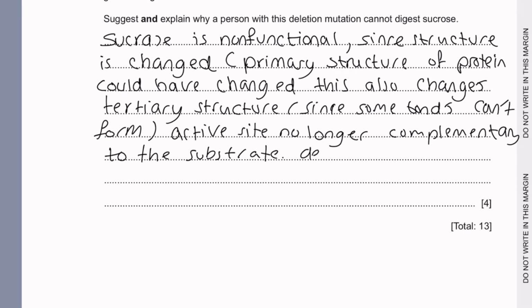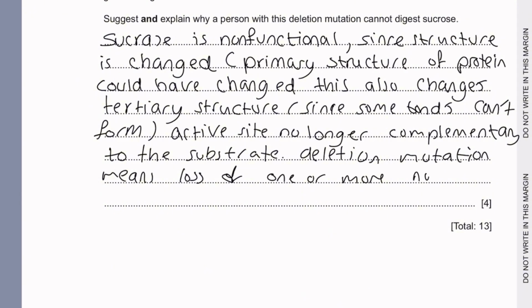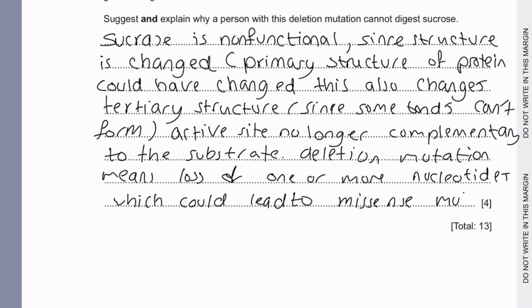So a deletion mutation means loss of one nucleotide, two nucleotides, it could be three, it could be more, so loss of one or more nucleotides, which could lead to missense mutation or nonsense mutation.